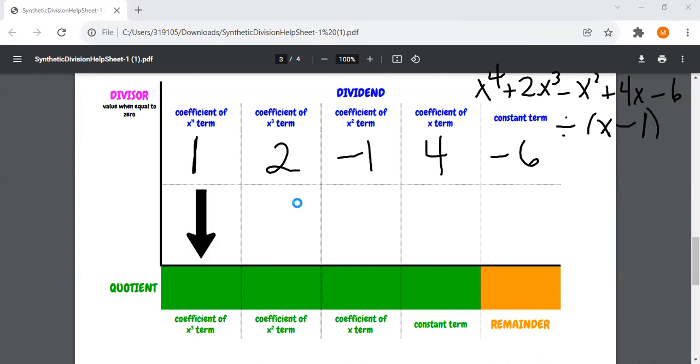So remember that when we do the synthetic division, the key is that it's always a polynomial divided by x minus a. Okay, and what goes into the box is my a. So what would a be?